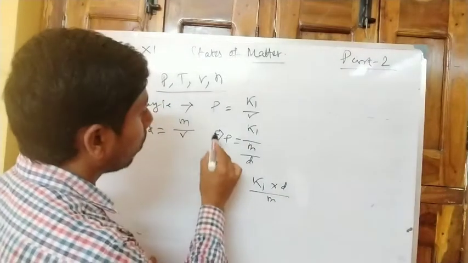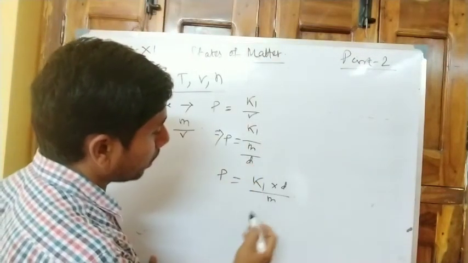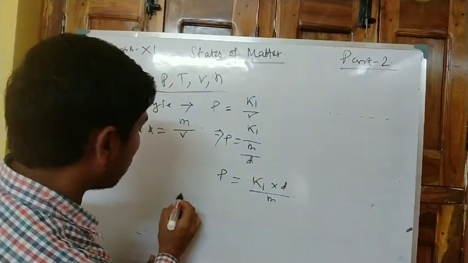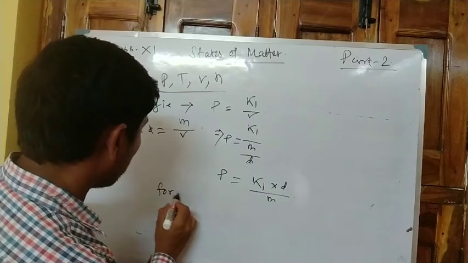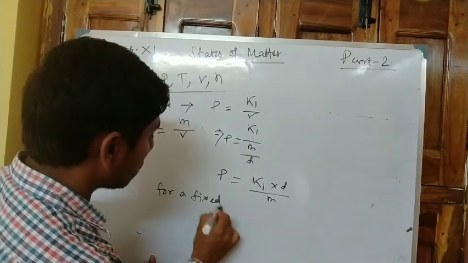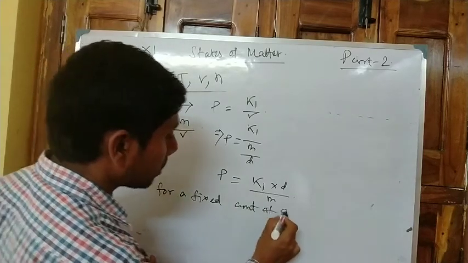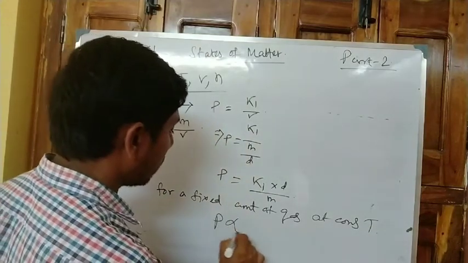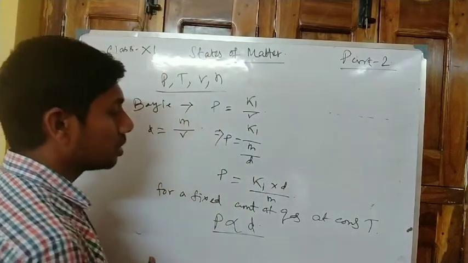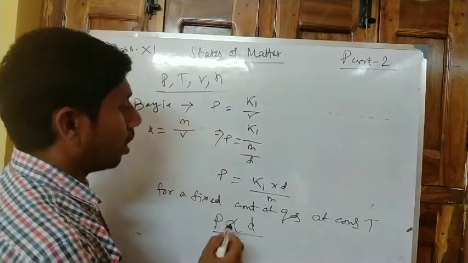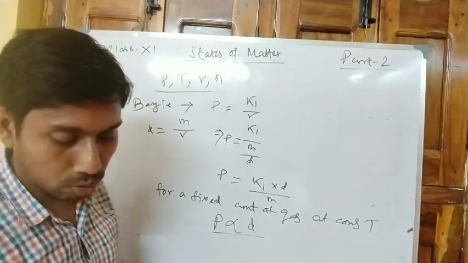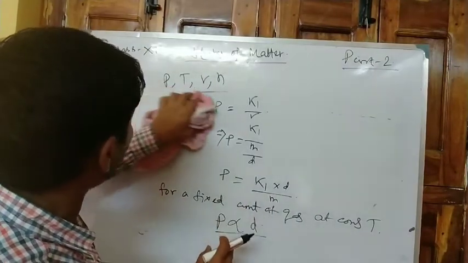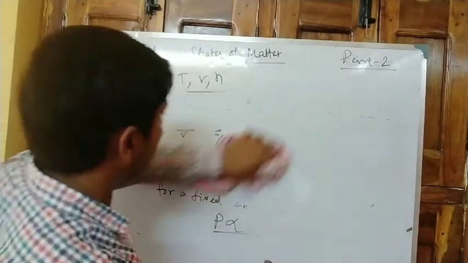So for a fixed amount of gas at constant temperature, P is directly proportional to the density. This is another extension of Boyle's law, that P is proportional to d for a fixed amount of gas, m constant.